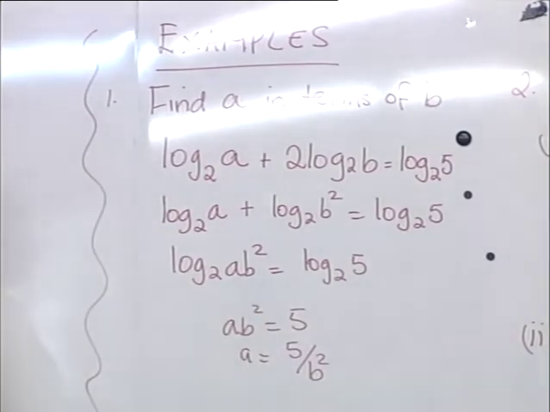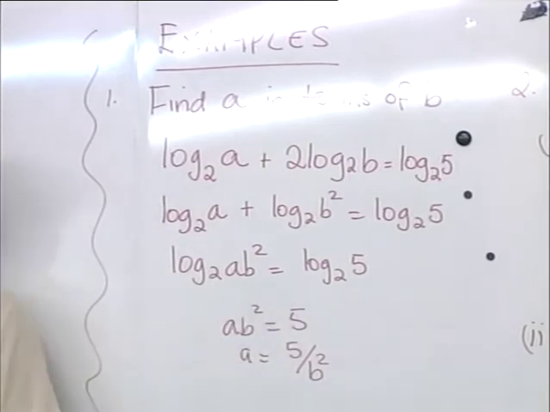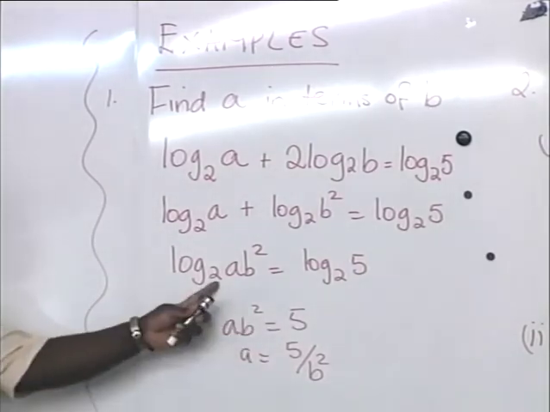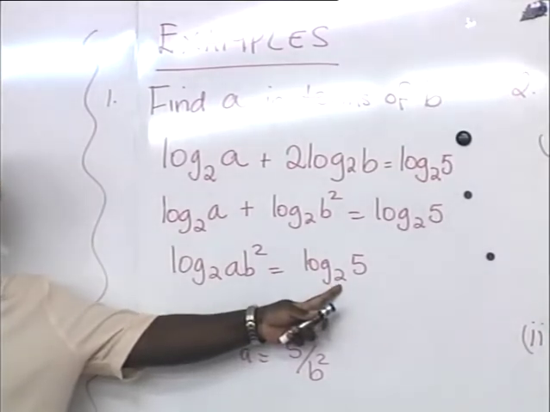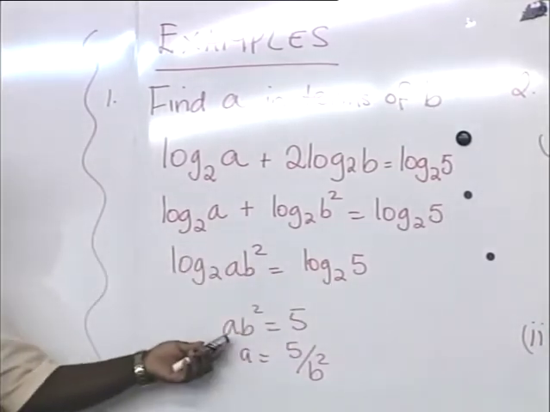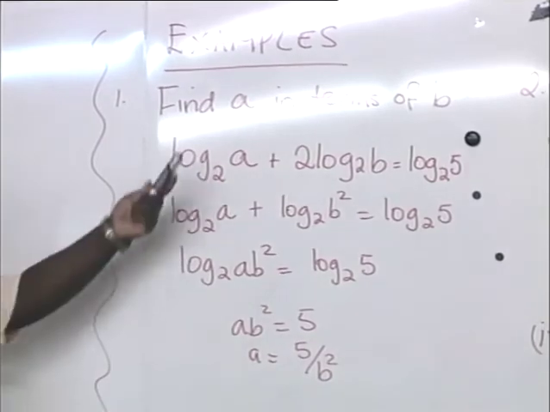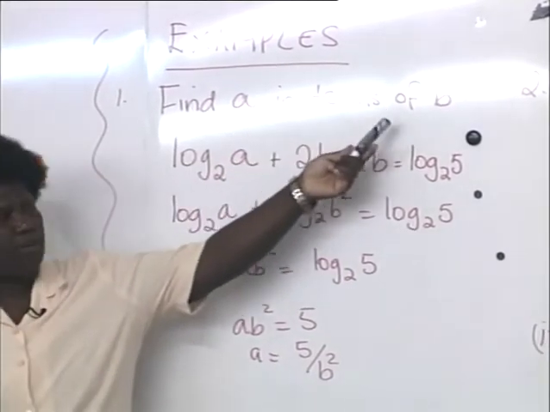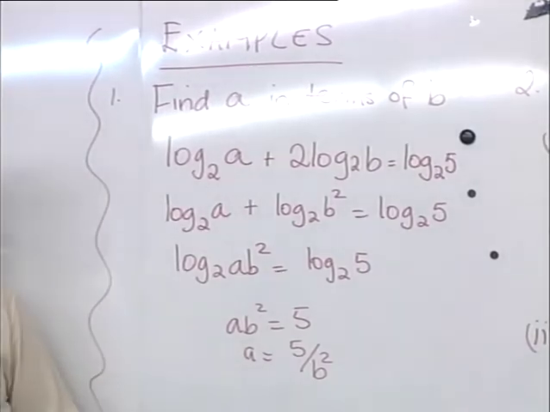Now, if those two are the same, then a b squared must be equal to 5 because the bases are the same. Therefore, a is equal to 5 over b squared. So I have now written a in terms of b.